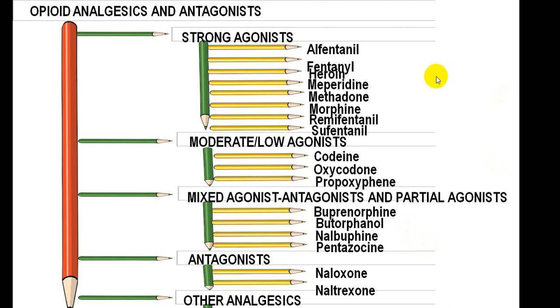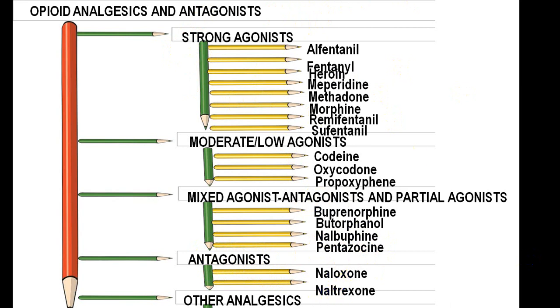So we have got strong analgesics like fentanyl, morphine, etc. These are called strong agonists. Moderate agonist is codeine, and mixed agonist and partial antagonist is pentazocine, which is sometimes utilized, while a powerful antagonist, utilized for acute intoxication by these compounds, is naloxone.